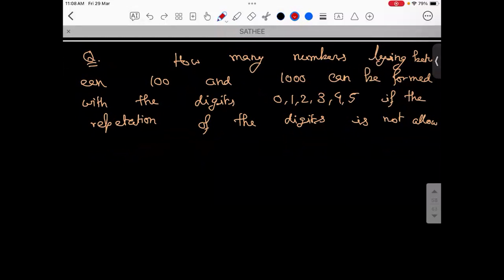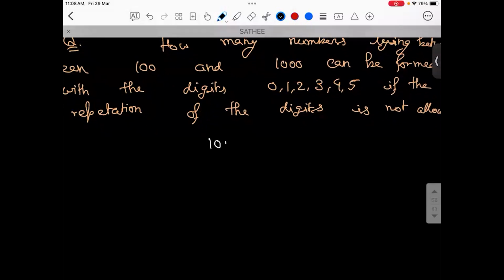Now, first observe a few things: what are the numbers we can form without repetition by these digits which are lying between 100 and 1000. The numbers are of the form 102, 204, 105, 501.